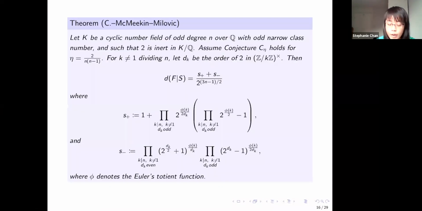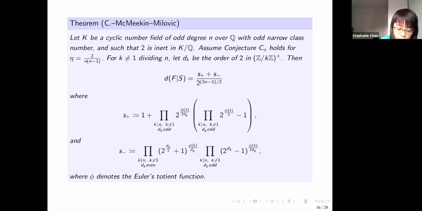So I will now show you what the density actually looks like. We have this formula for the density, and it depends on the order of 2 in the multiplicative group modulo k, with k being divisors of n.